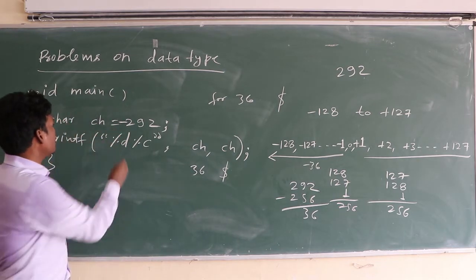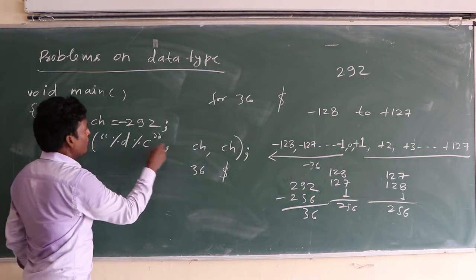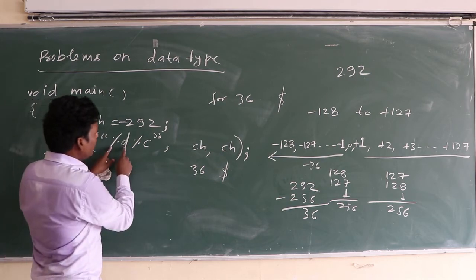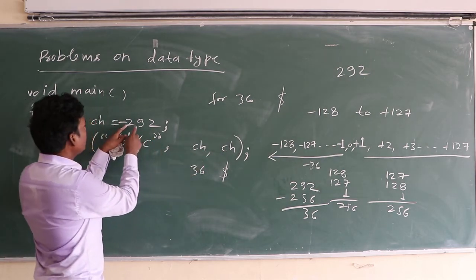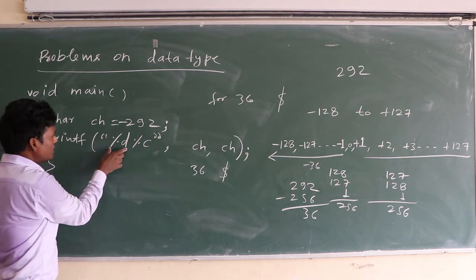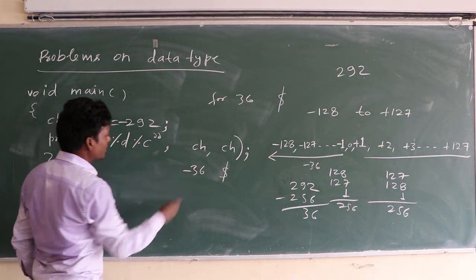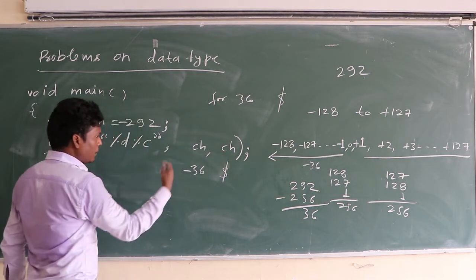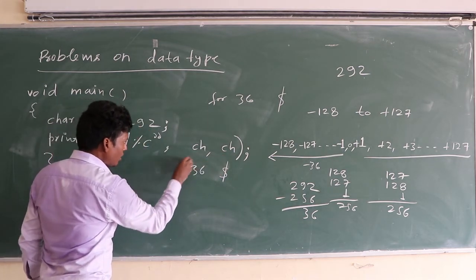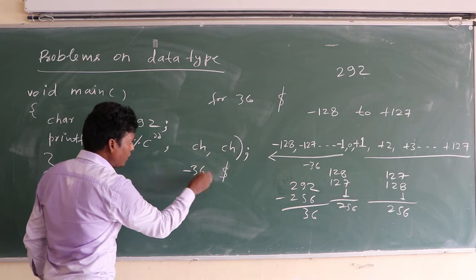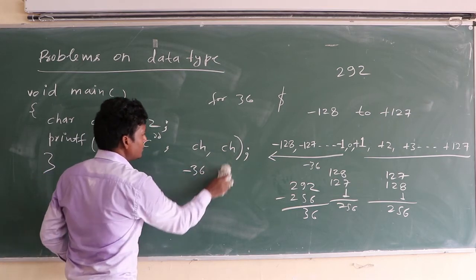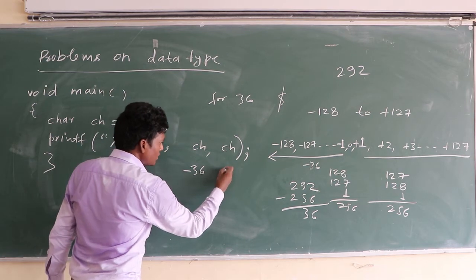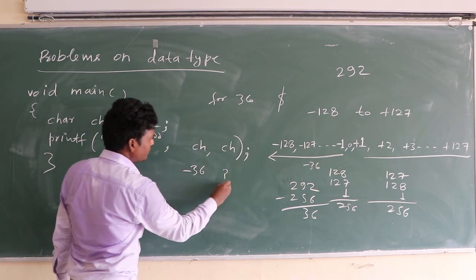When it is 292, the value will be -36. -36 is assigned to ch, %d prints this ch, and the value will be -36. %c prints this ch, it will be the character for this ASCII value. So the character will be changed, I don't know, but there will be some character here.